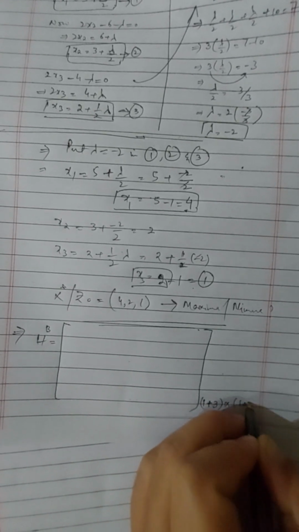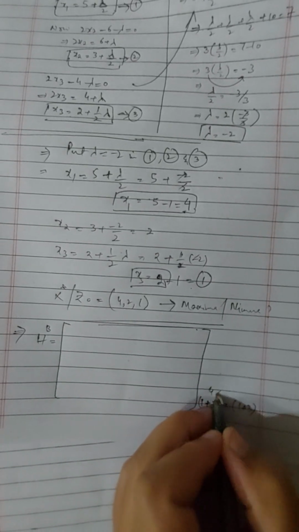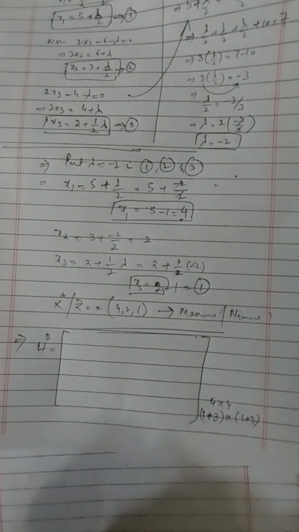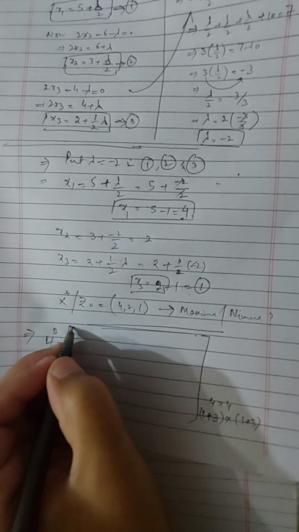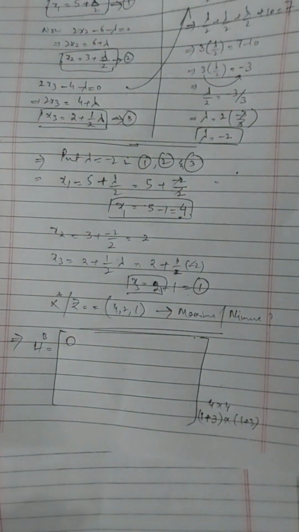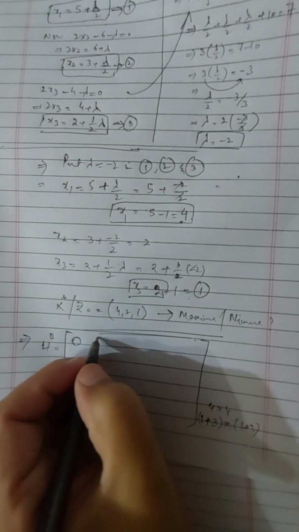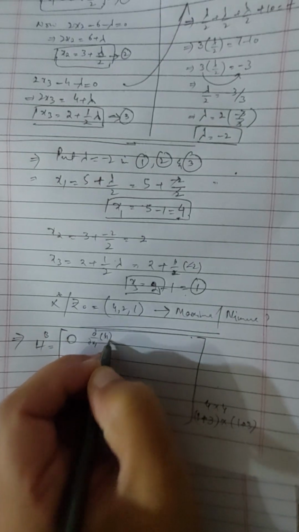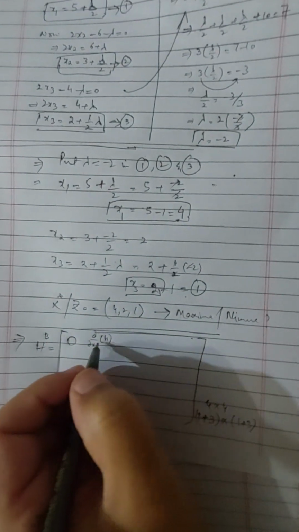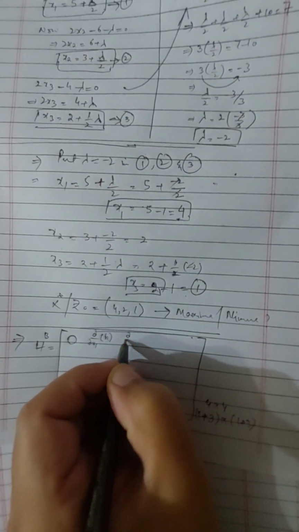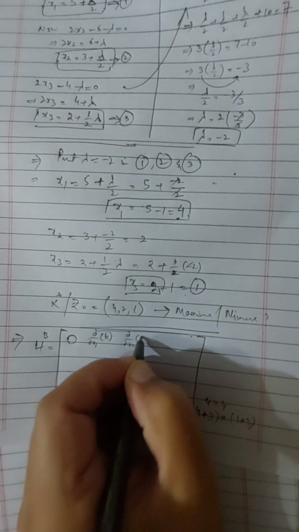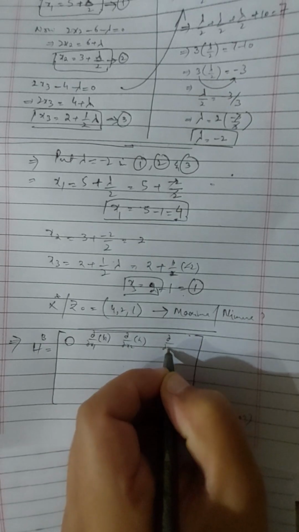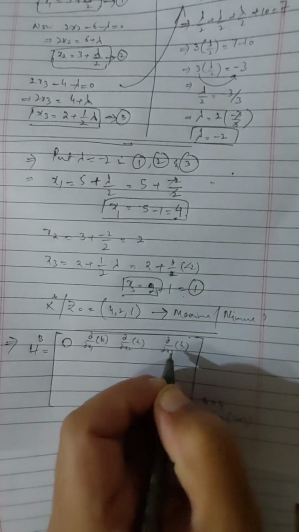So it will be a 4 cross 4 matrix, and it will have 16 elements. The first element is 0, we know that. The second element is the partial differential of h, which we call the constraint, and the third is the partial differential of h with respect to x3.